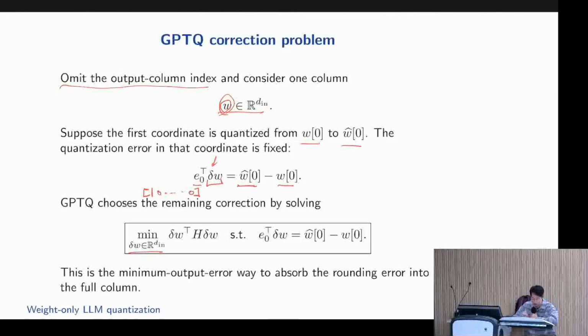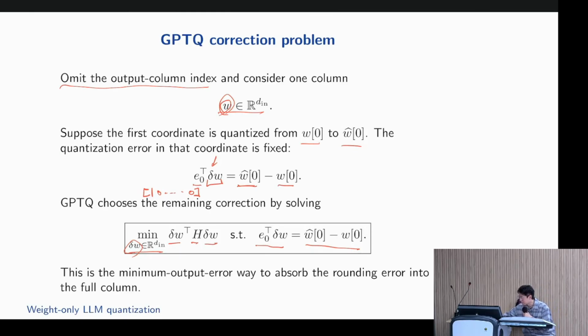We have a vector in dimension n, and the objective is delta W transpose H delta W, subject to the constraint that the first entry has to be equal to this number, because the first entry is already quantized. It's fixed. So you have a choice to optimize from dimension 2 to dimension n, but the first entry has to be fixed.